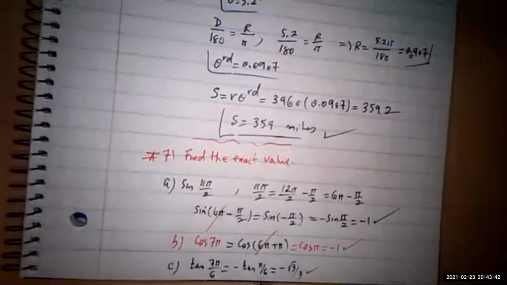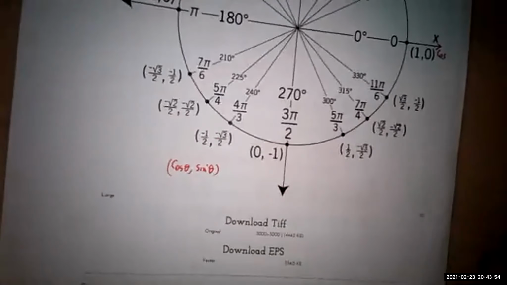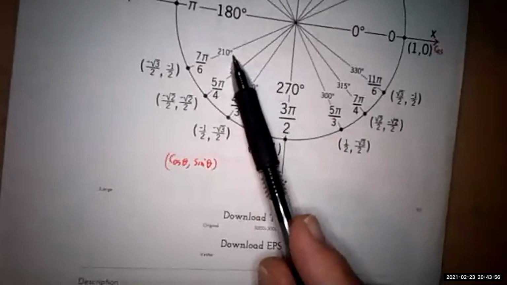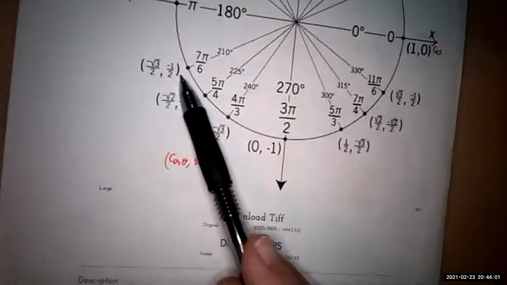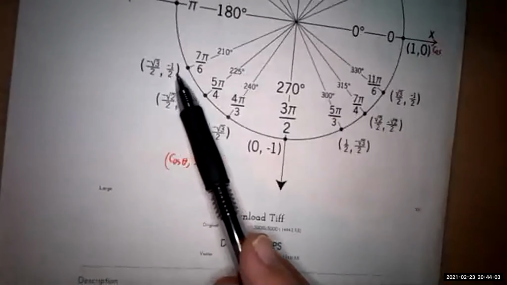In the third quadrant, the tangent is positive, sorry. 210, you see, this is 7 pi over 6 and 210. You got it here, and that's the sine and the cosine.